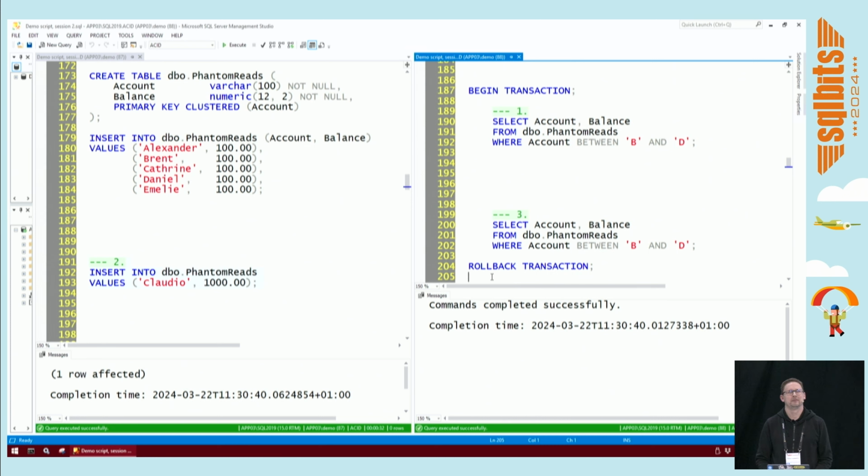What is the proposed or best isolation level for a transaction-intensive OLTP environment? I would say, and this is a cop-out answer, it depends. It depends on how important your data is, and it depends on how the data is updated. If you're doing banking transactions, I think you're probably stuck in serializable, because there's no way you're going to explain to the customer, I thought you had a balance on your account, and then we paid the bill, and now you're in debt to us, or something like that.